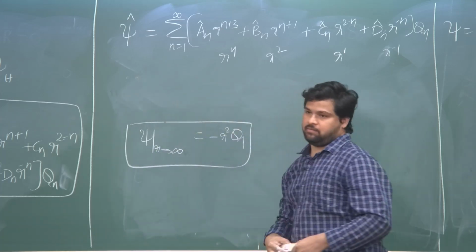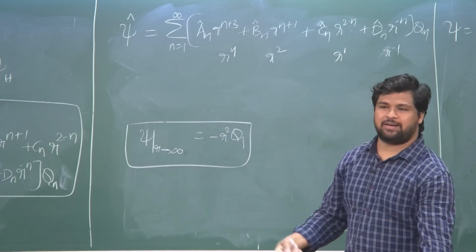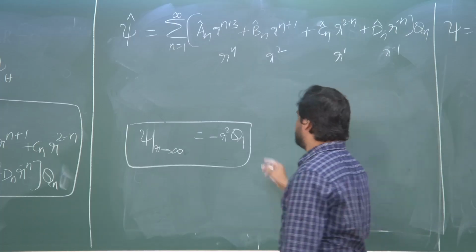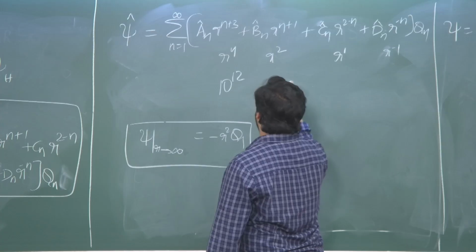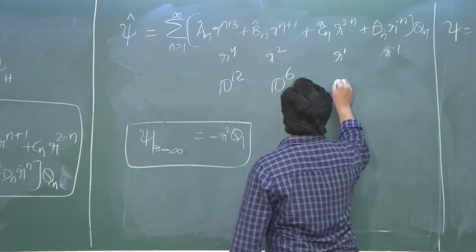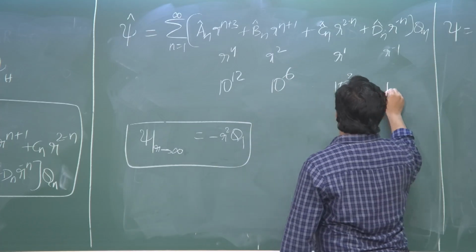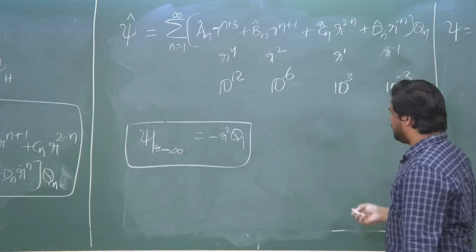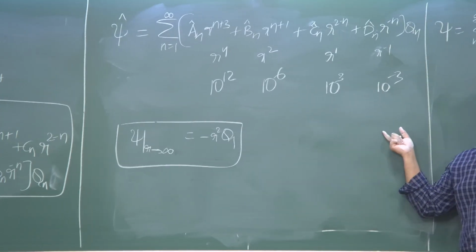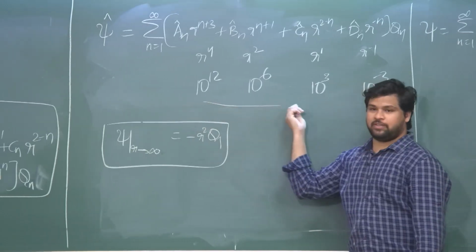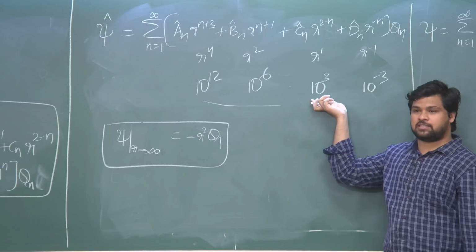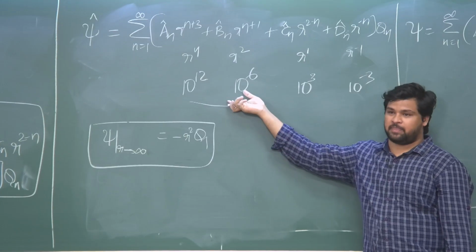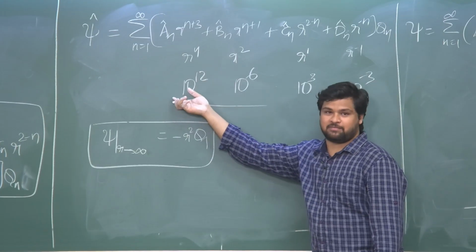If you take r equal to some 100 or 1000, this becomes 10 power 12, this becomes 10 power 6, 10 cube and 10 power minus 3. Comparing to all these numbers, these two numbers are very big, right. This is 1000, this is 1 million, this is higher than that, 1 billion.